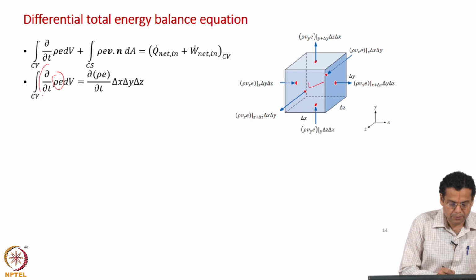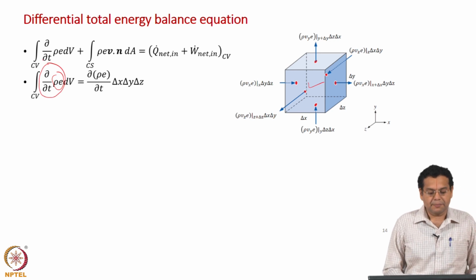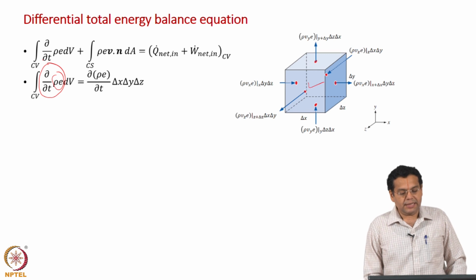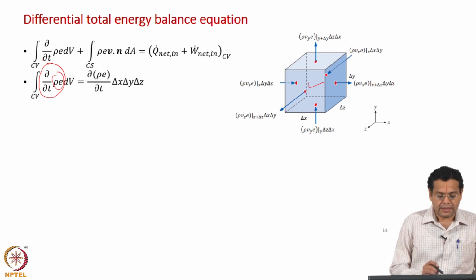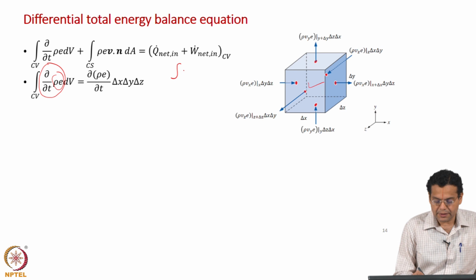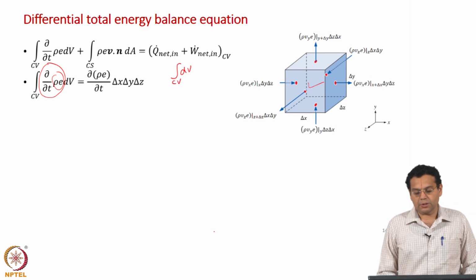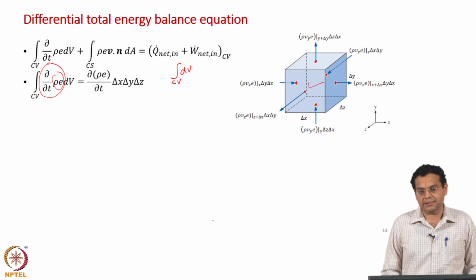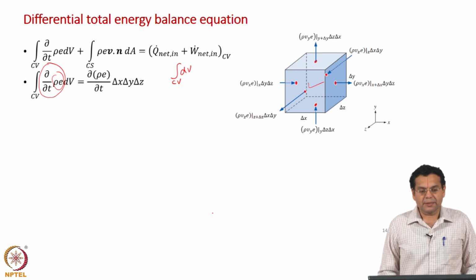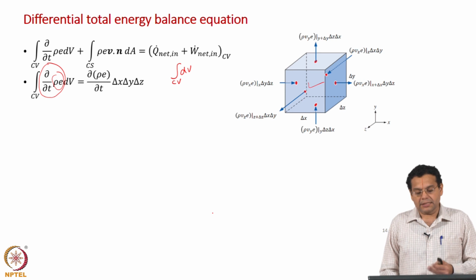So, ∂/∂t of ρE can be taken outside the integral sign, and then we are left with integral dV over the control volume, and the volume of this control volume is delta x, delta y, delta z. And I would like to mention and specify that E here represents the total energy per unit mass, which includes the internal energy per unit mass, the kinetic energy per unit mass, and the potential energy per unit mass.